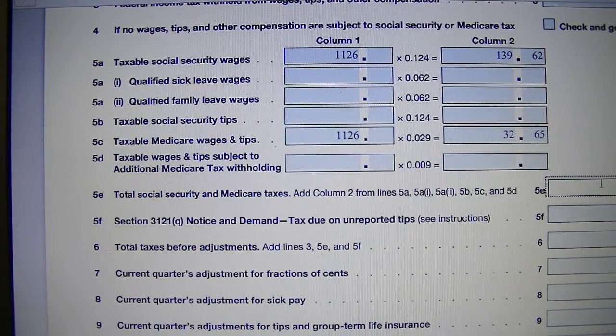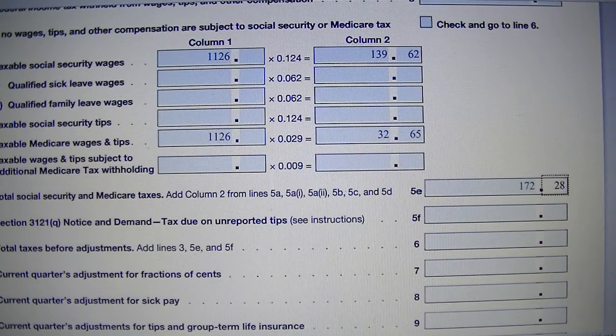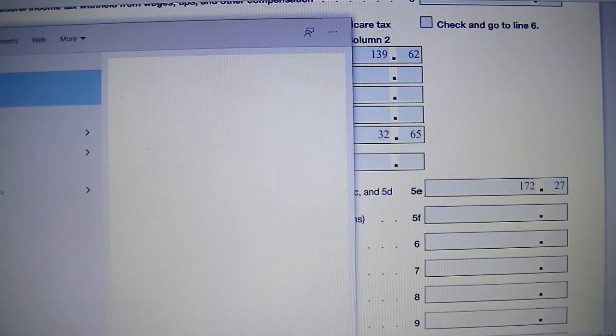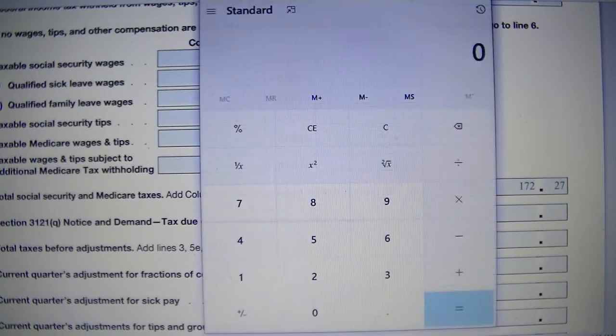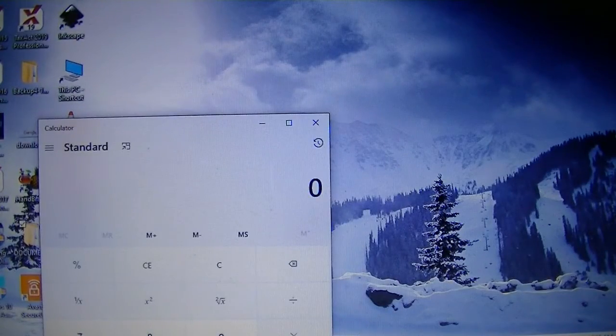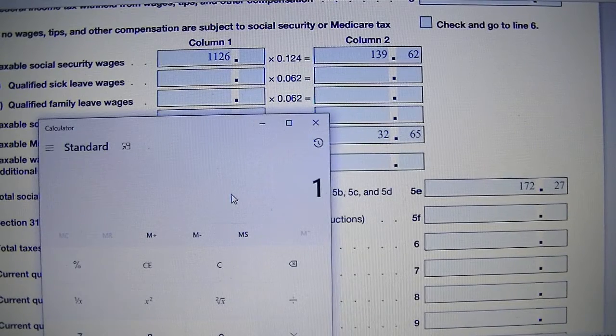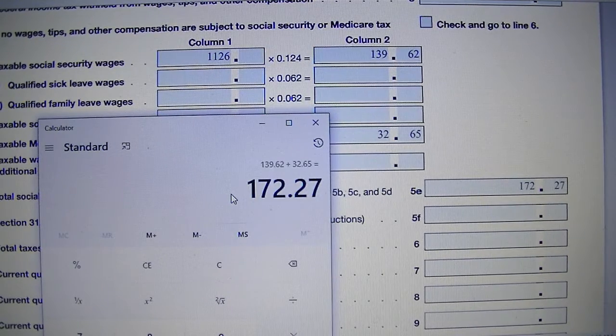So 172.28, and we can just bring a calculator here, and it seems to me that it's going to be 27 in this section here. But that's one way you could, okay, so $139.62 plus 32.65, 172.27.